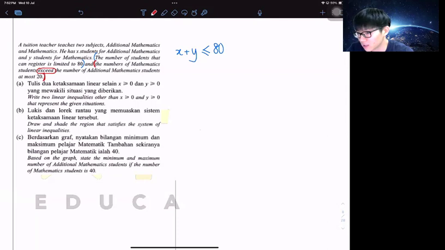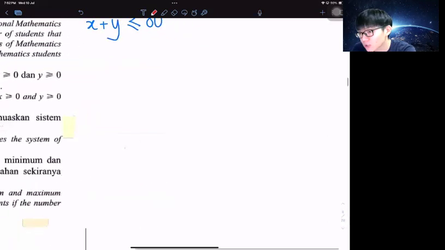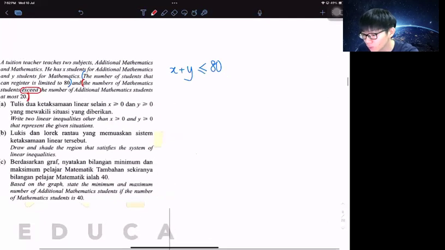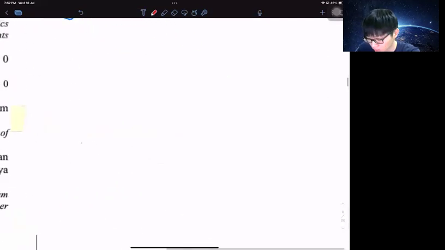How do you translate? So those who are having trouble translating English into mathematical equations, I try to explain my logic to you. At most 20, also maximum 20. But the thing is exceed. What do you do with that word? Okay, look at this example.